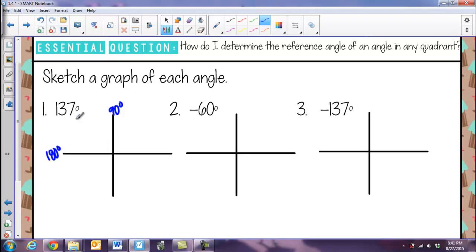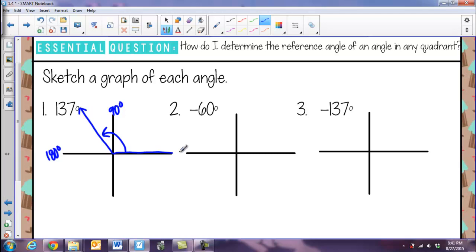So it's somewhere over in quadrant 2. It's okay if you just eyeball it. It doesn't have to be perfect. We always start with our initial side on the x-axis. So this angle right here is a sketch of 137 degrees, and it has a terminal side in quadrant 2.